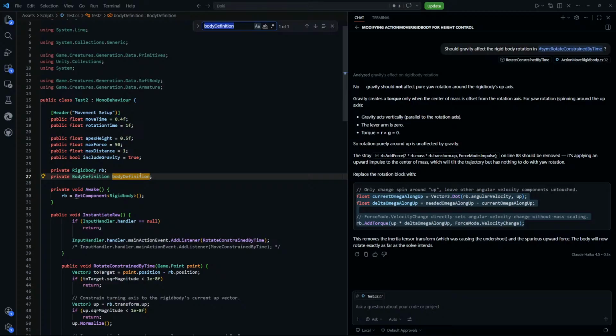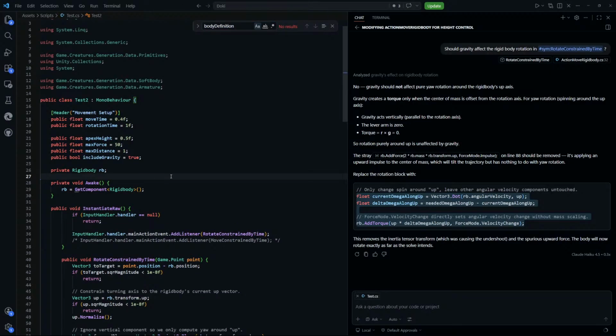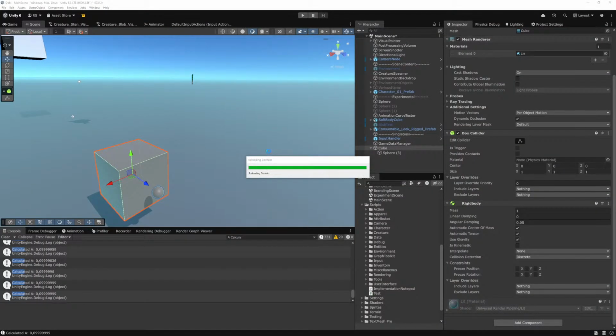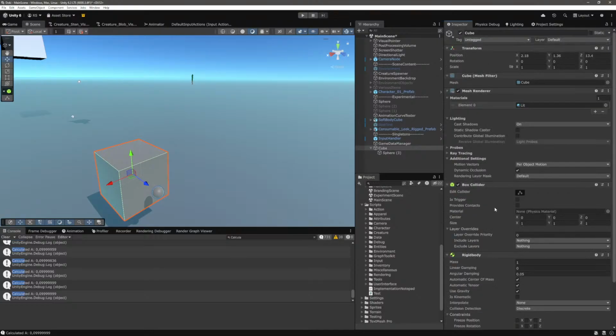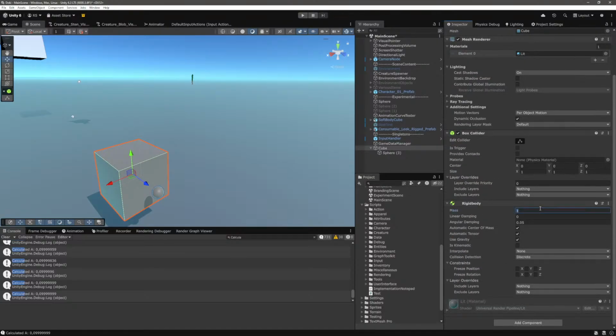We use body definition? No, we don't. Mass 10. Angular damping 10.